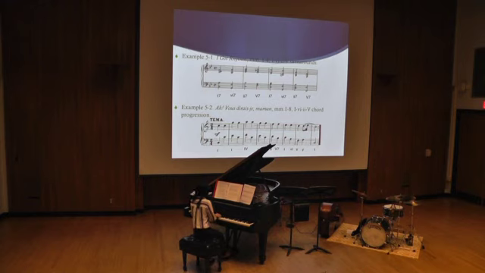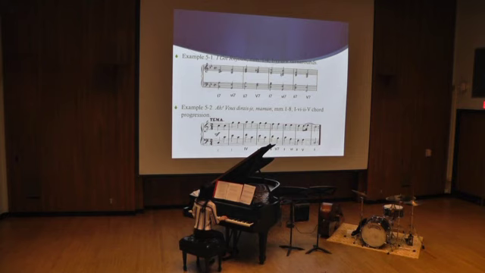So this is the chord progression of I Got Rhythm. You can see the 1-6-2-5 at the end. And here in Mozart's piece, he also uses 1-6-2-5. So it's really interesting to see the similarity.